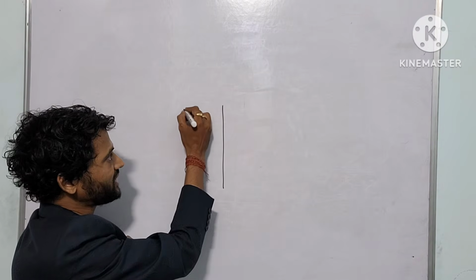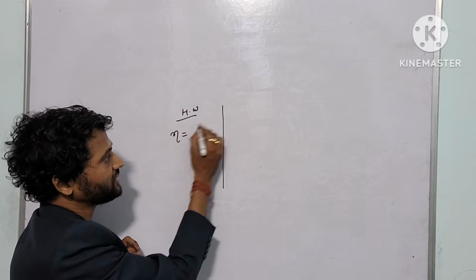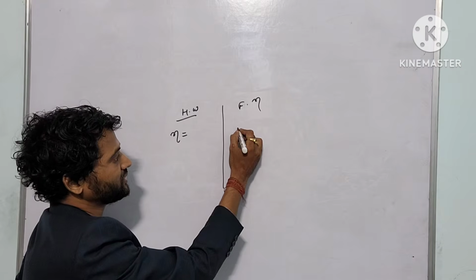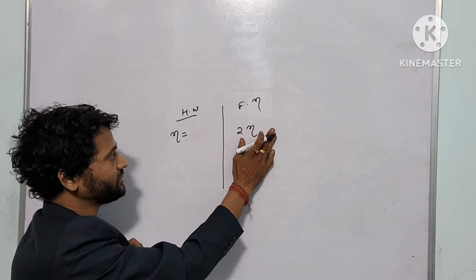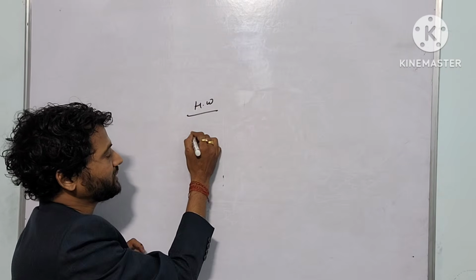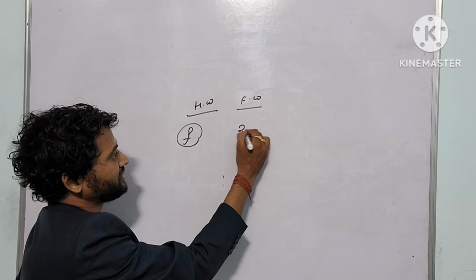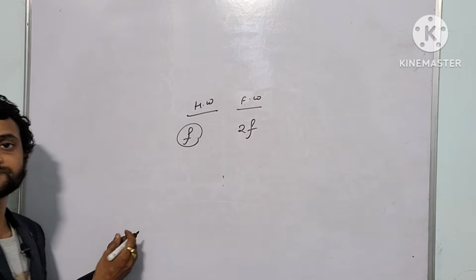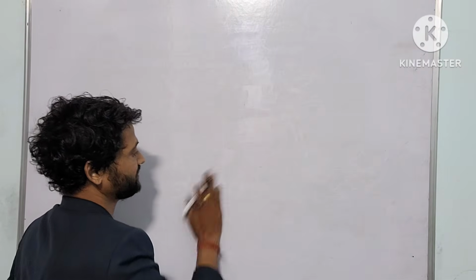The major advantage is, half wave rectifier में जो भी efficiency मिलेगा, full wave में almost twice मिलेगा, right? If in half wave the pulsating DC frequency is f, full wave में pulsating DC का frequency क्या है, 2f, right? So these are the advantages of full wave rectifier over half wave rectifier.